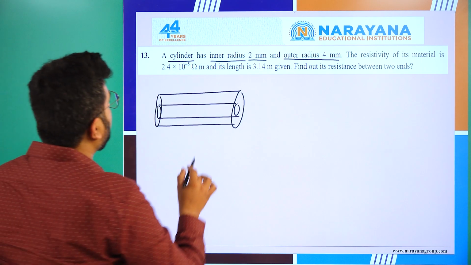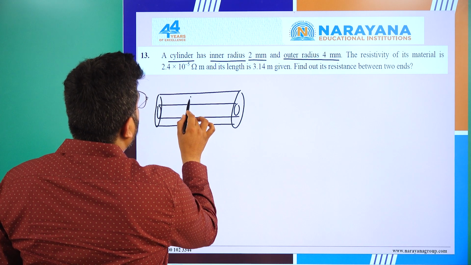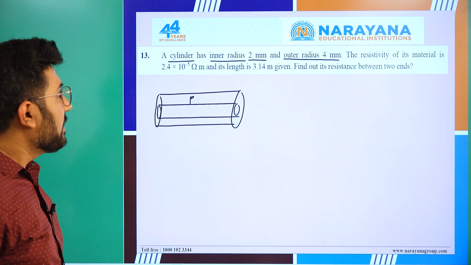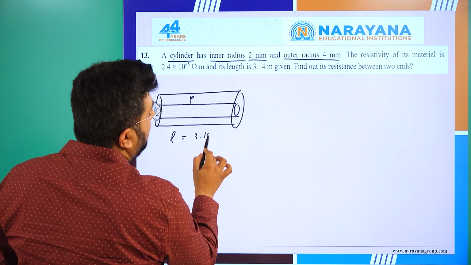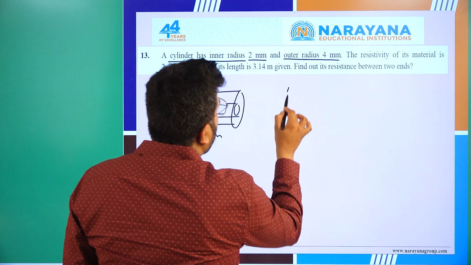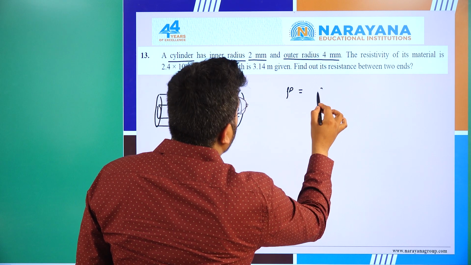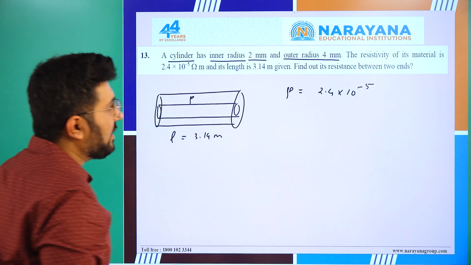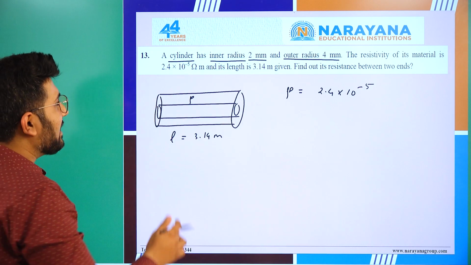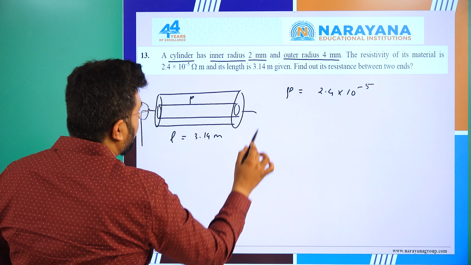The resistivity of the material is rho. The length is 3.14 meters. They have given you the value of rho, which is 2.4 into 10 raised to the power minus 5. Then what is the resistance between the two ends?